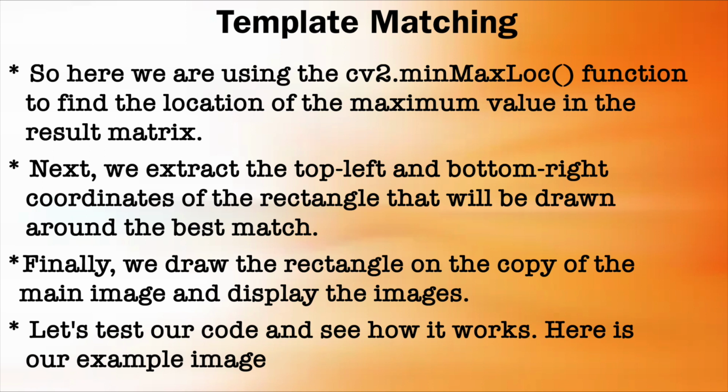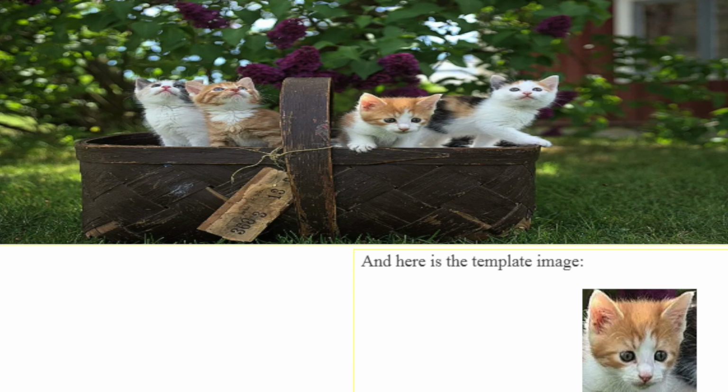Let's test our code and see how it works. Here is our example image. In this image, we can see a basket with many cat images. The template image is the brown cat, which we want to find in the input image.